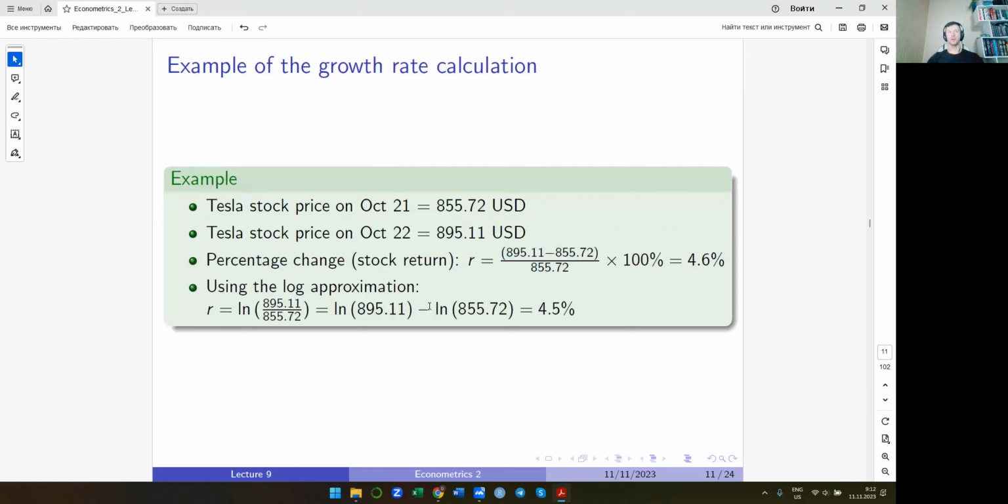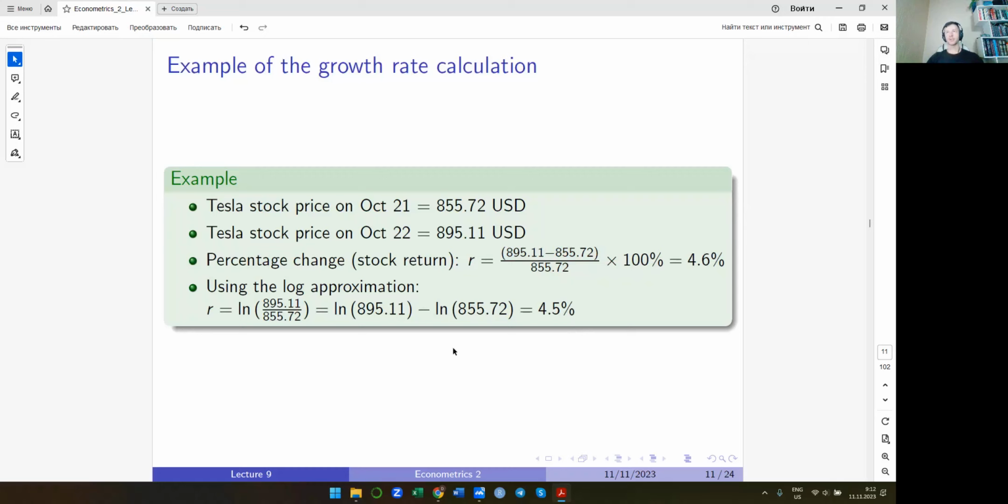If we take the log approximation of this change, we take the logarithm of this fraction. All this is going to be the difference in logarithms, or the first difference in logarithms. And we have approximately the same result, 4.5%. Not exactly the same, but this is an approximation.